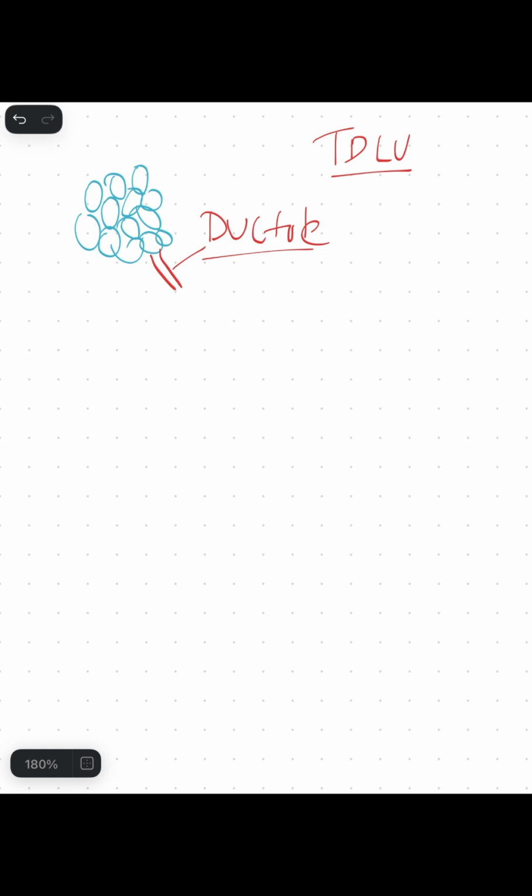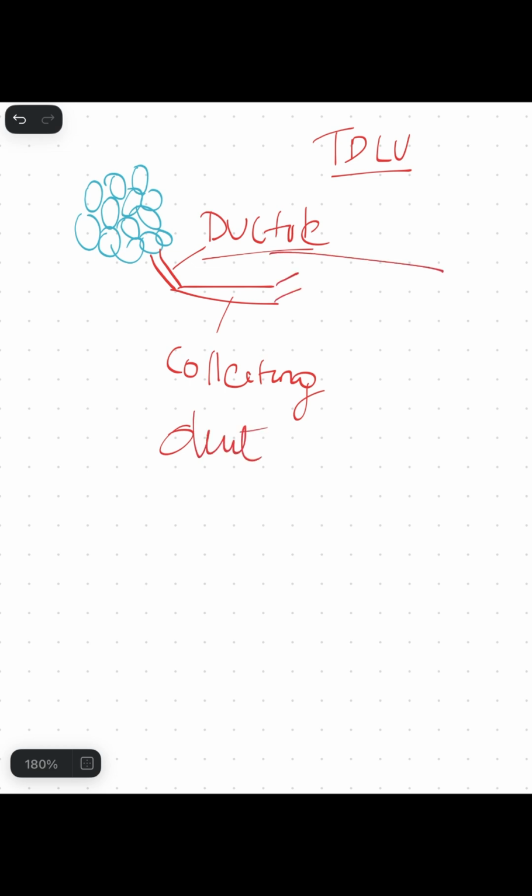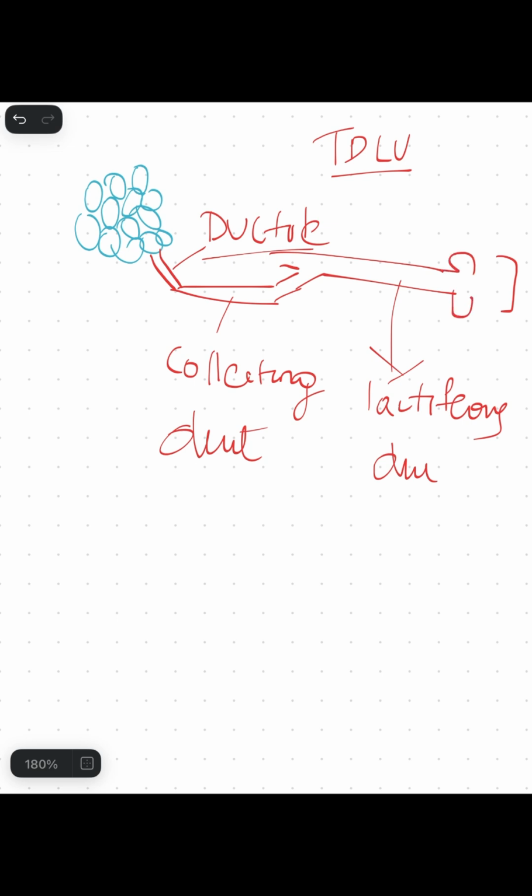This ductule drains into the collecting duct, and this collecting duct again drains into the lactiferous duct, which is a little bigger duct compared to the collecting duct. Before entering the nipple, this lactiferous duct is a little dilated. We call it the lactiferous sinus, and this reaches the nipple.